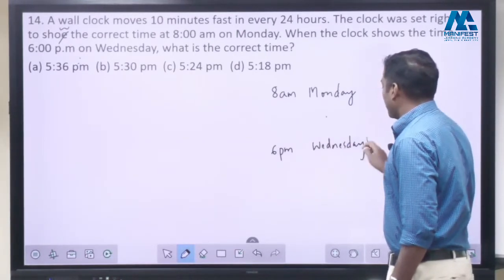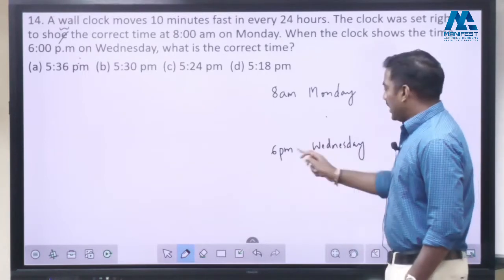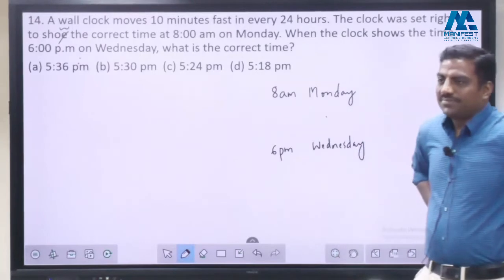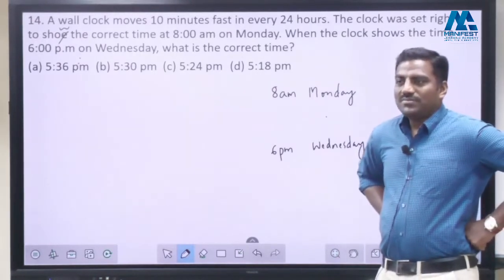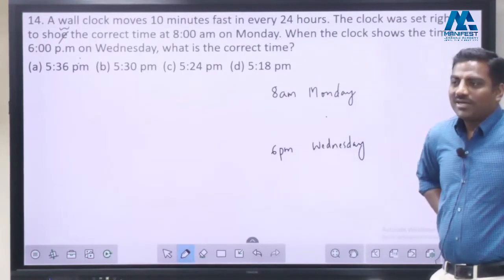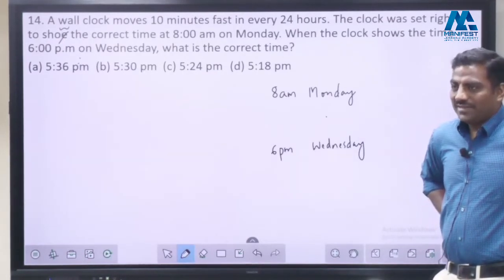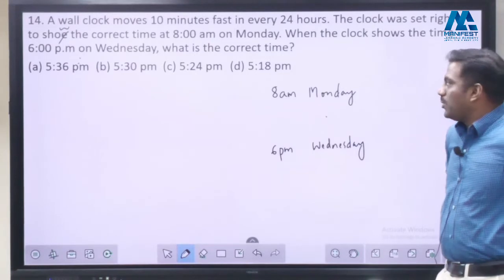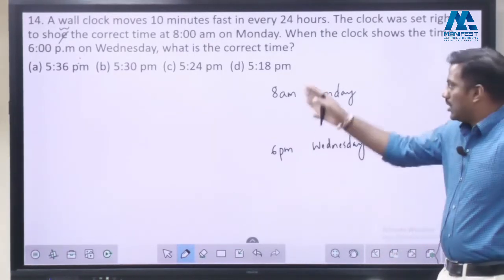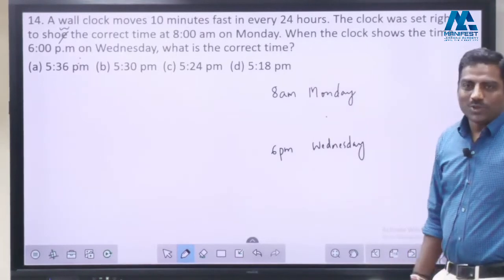Now tell me, the actual time is more than 6 p.m. or less than 6 p.m.? Because it is faster? Yes. Our answer has to be before 6 o'clock? But all the options are before 6 o'clock only.